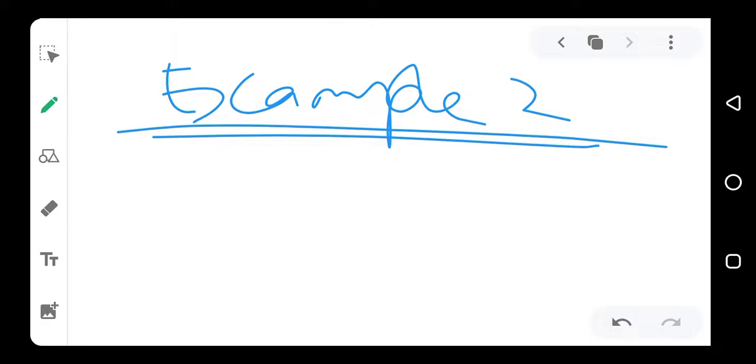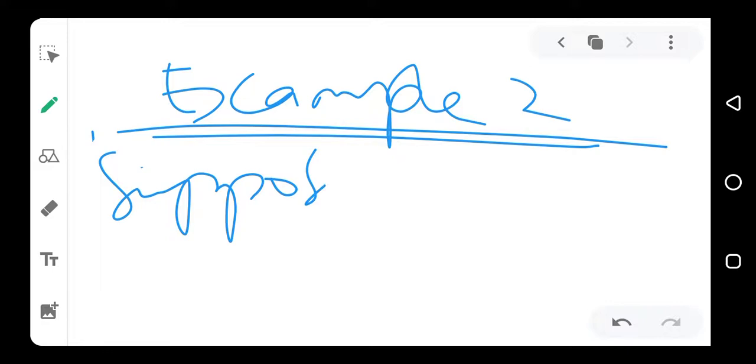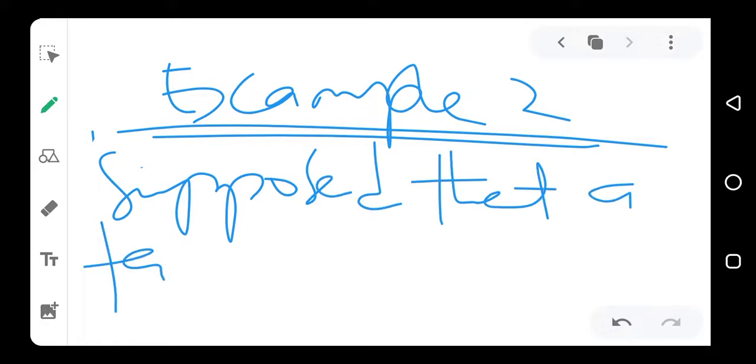In this example, suppose that a fake coin is tossed twice.